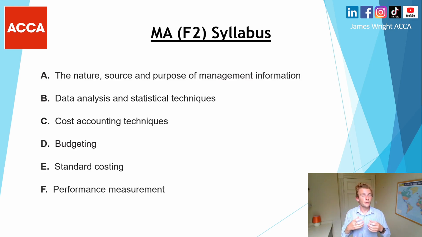So knowing what the difference is between financial accounting, financial management, and management accounting is really key for this examination. Along with that information, what are we going to do with it and how do we relay that to the actual stakeholders, whether they're internal or external.